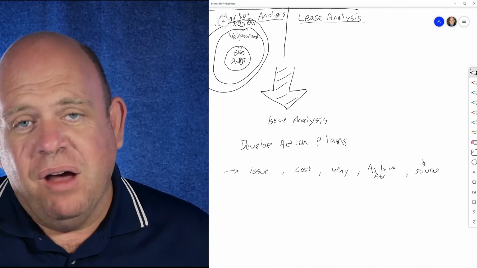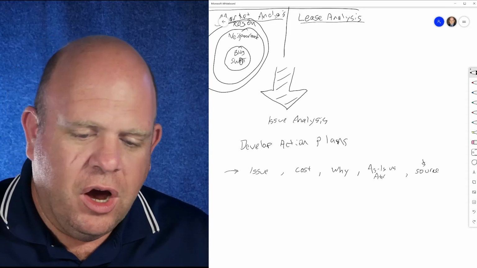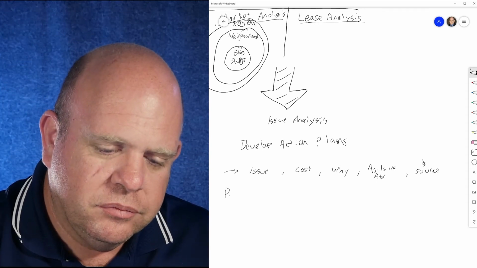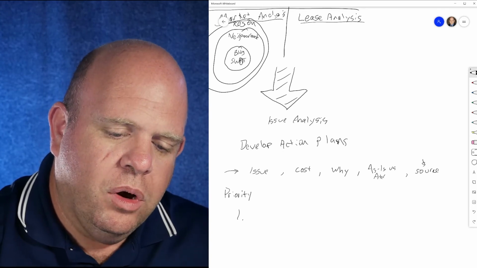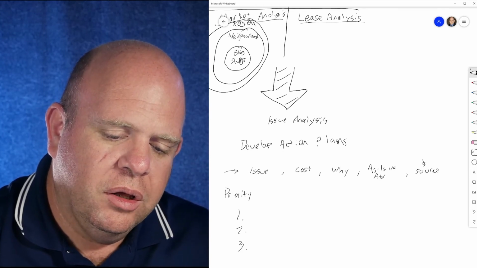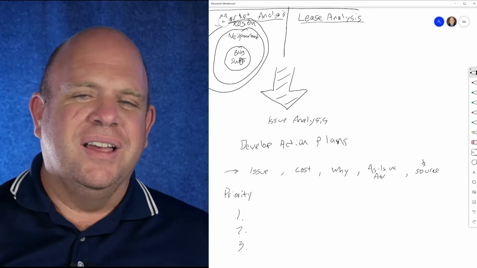And once I have all of those documented, I can start making good decisions on priority: 1, 2, 3.